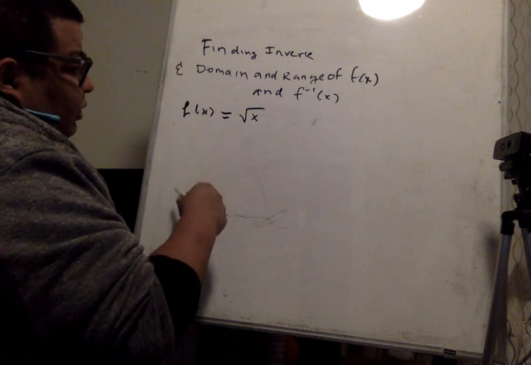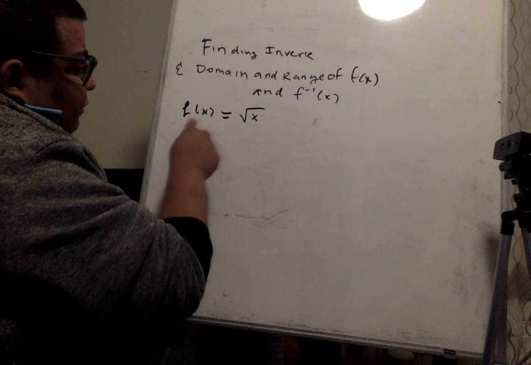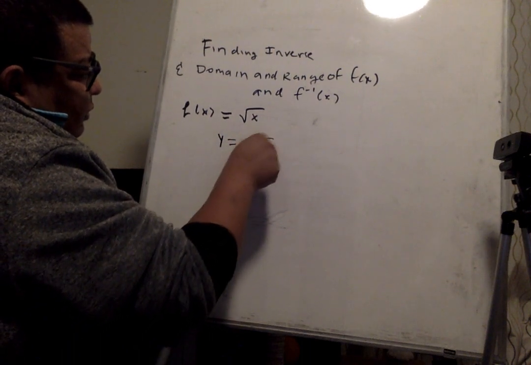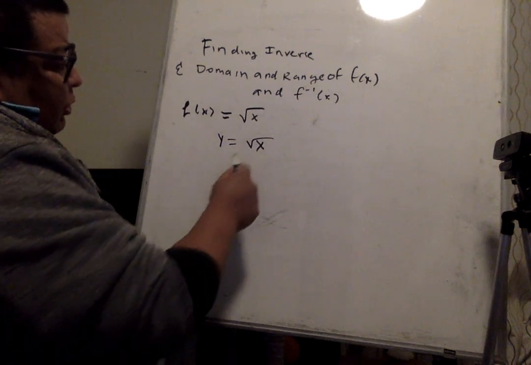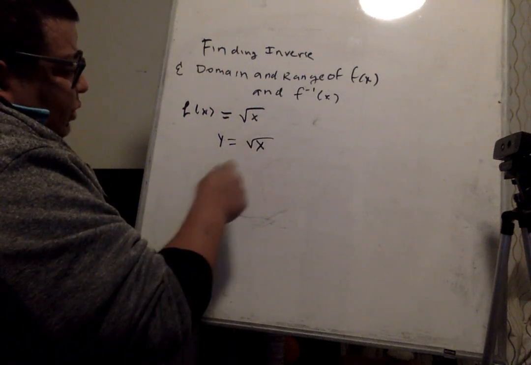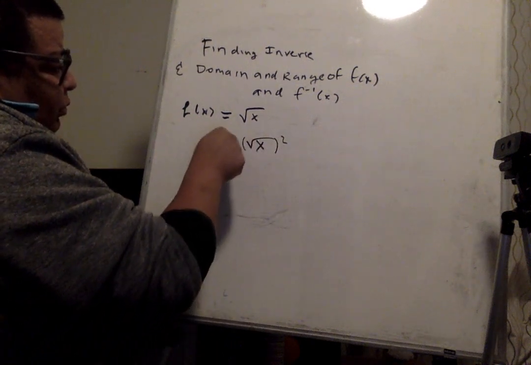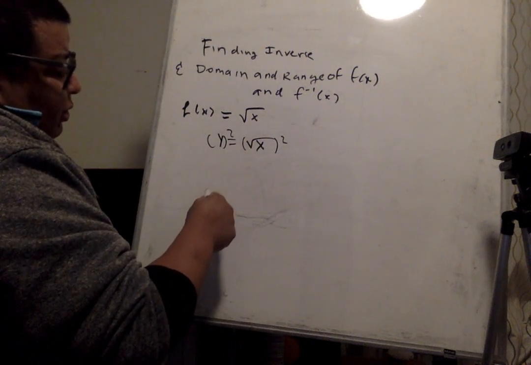As I've done in a previous video, what you have to do is let f of x equals y, and then you leave the other side by itself. Now you solve for x. The way you solve for x in this case is by squaring both sides.